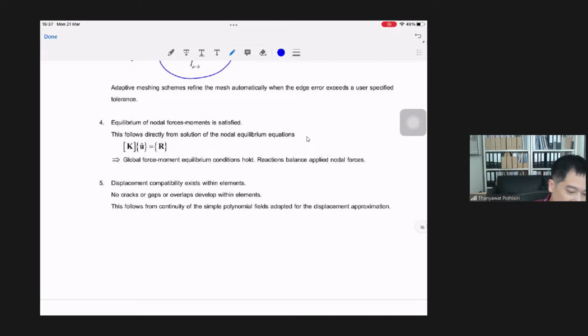And another observation that we have discussed is this one right here. So this comes directly from using a continuous displacement field.